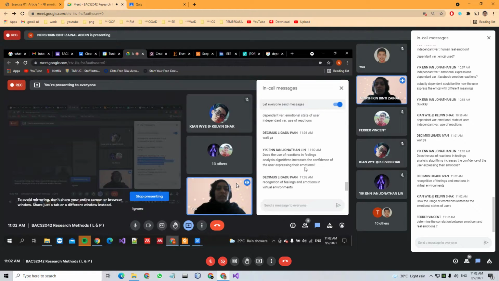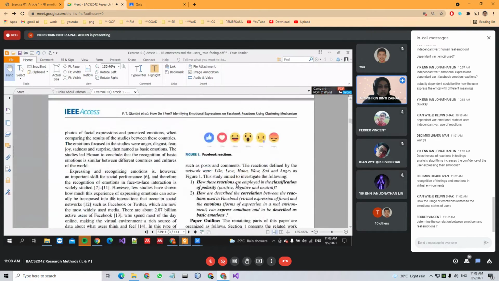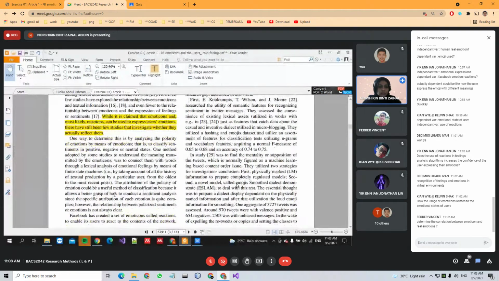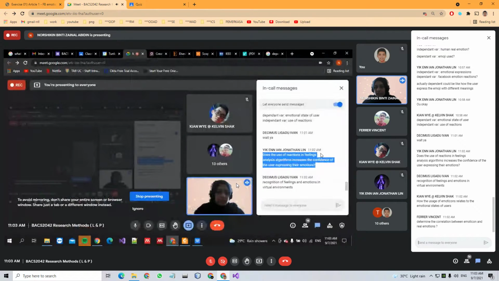So this is one of the research problems of this particular article, because I think you found that part here in this introduction part, because I already read this part too. So one of the research problems, or what they want to answer through this question, is this. They want to see this one. This one is the correct research question.